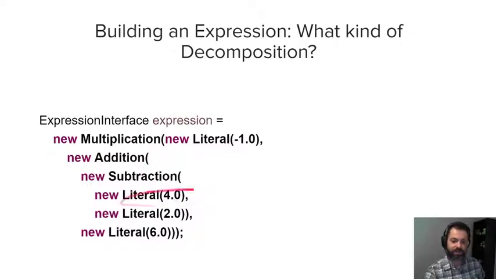So we have an atomic literal object. We have a subtraction object, which is probably expecting 2 or more literals. So you have a relationship there. You have the addition, multiplication. So yeah, you're right. Could be functional. Absolutely. Maybe these are not objects. Maybe they're just functions. So I actually like that answer.